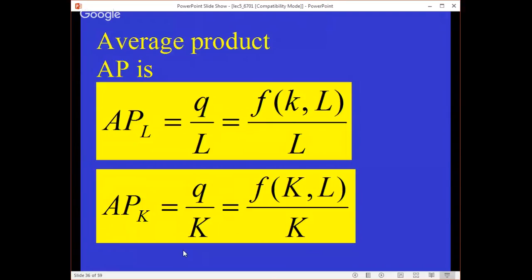So the average product, for instance, of labor, APL, is simply my total amount produced, which is derived from the production function, divided by L. So it's Q over L, or my total production function over L. Same thing for the average product of capital. It's Q, my total production, over K, or my production function over K.